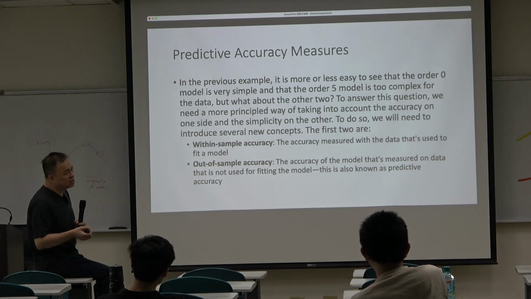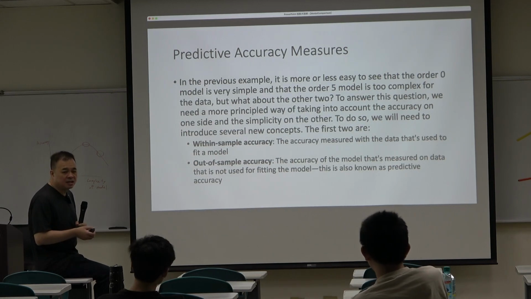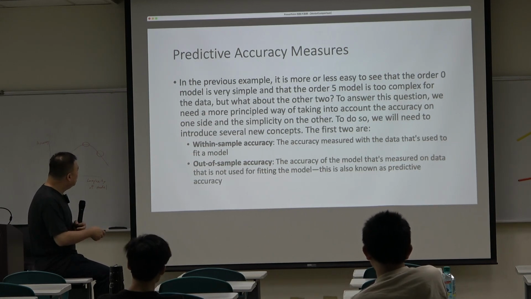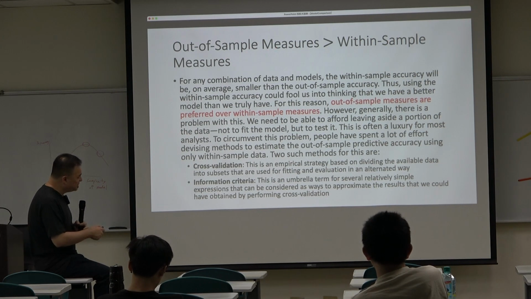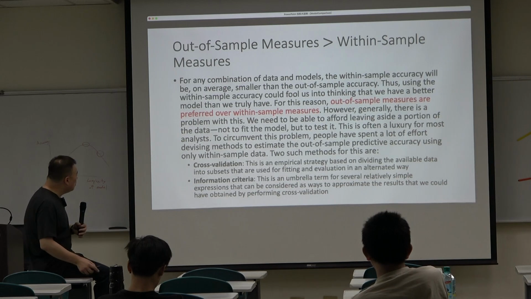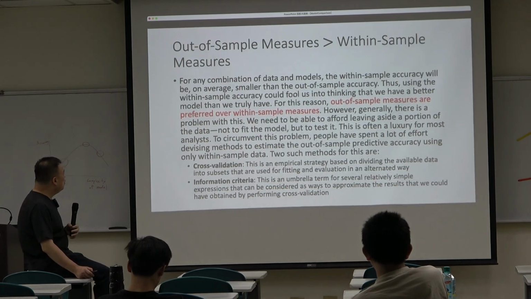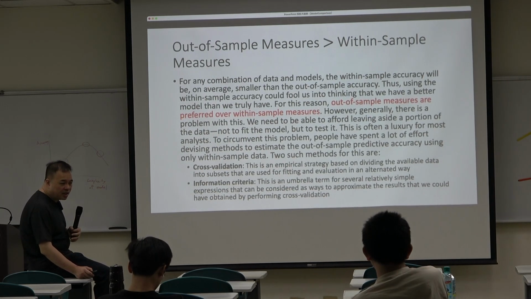We can say it's test data, something like that. So obviously, the out-of-sample accuracy is a lot more important than the within-sample accuracy.